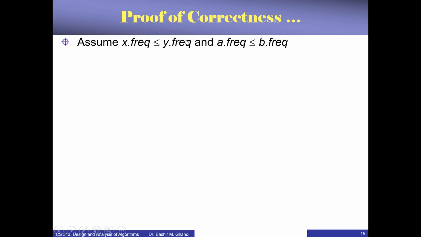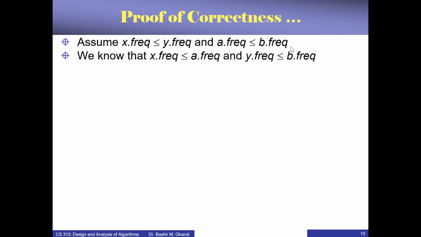We know that x and y are the least frequent elements. So definitely one of them is going to be lower than the other, or maybe they will be equal. So let us say the frequency of x is less than or equal to the frequency of y, and the frequency of A is less than or equal to the frequency of B.